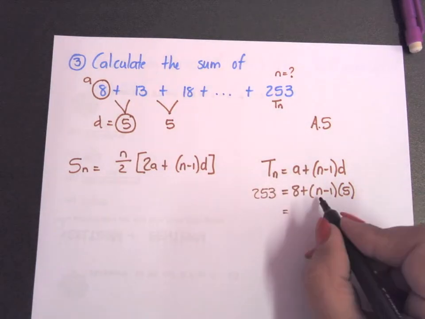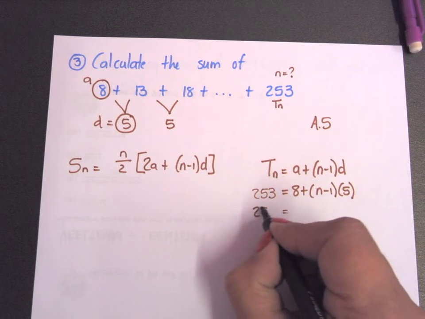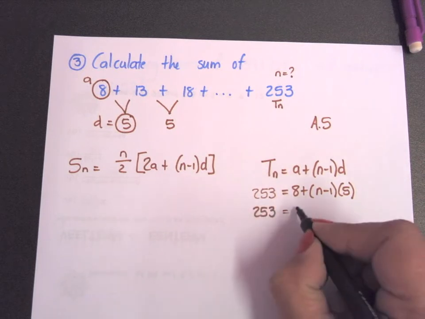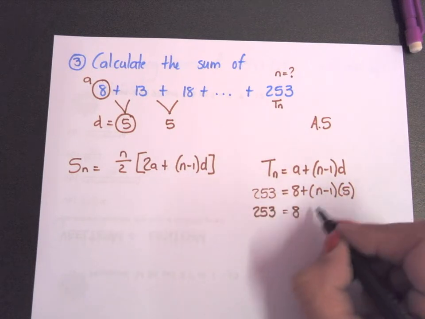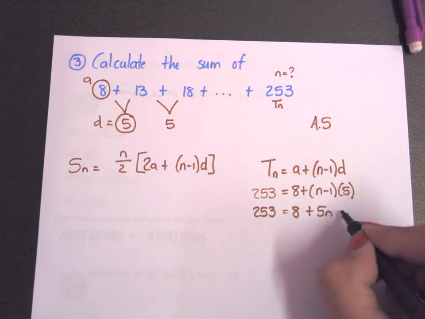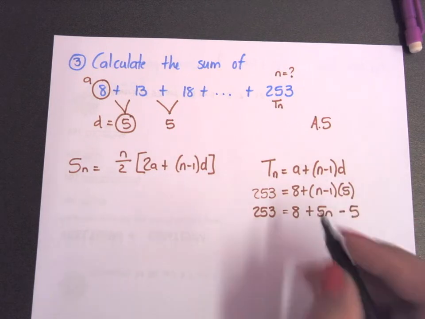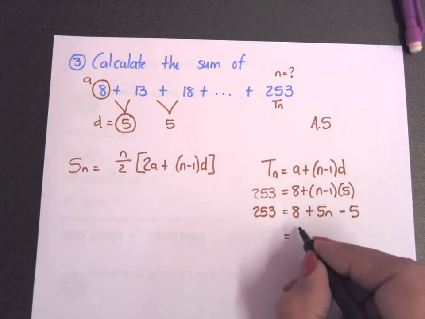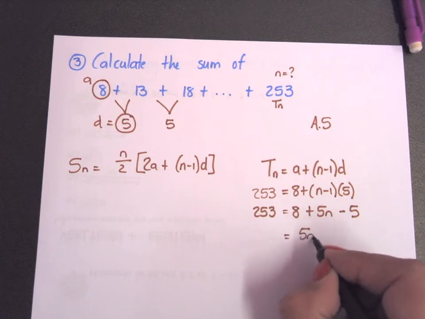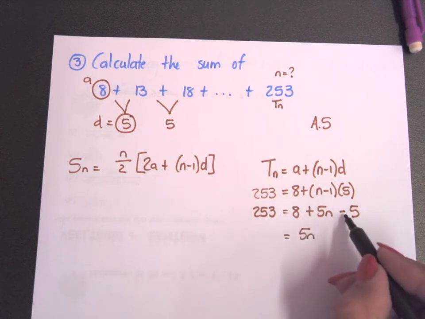So now we can calculate n. 253 equals 8 plus 5 times n, which is 5n minus 5. So 5n, 8 minus 5 is 3.